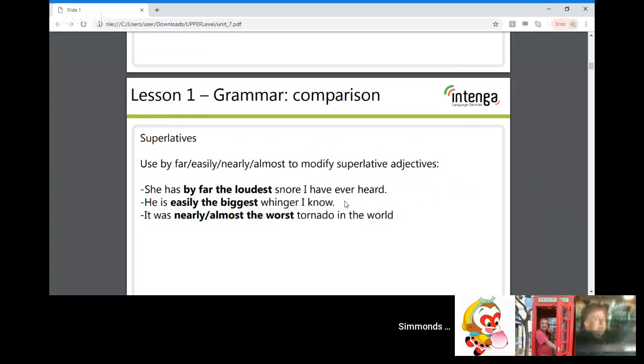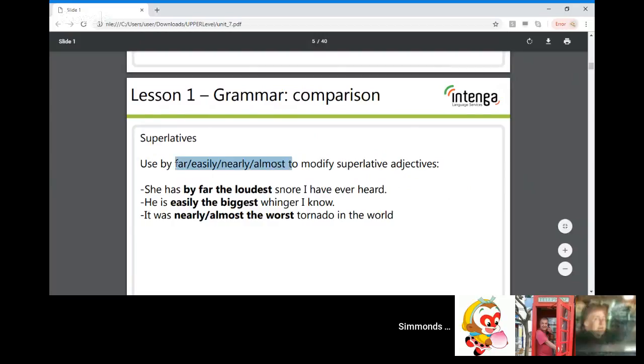And then, it was nearly or almost the worst tornado in the world. So out of all the tornadoes in the world, this one specifically was pretty much the worst. Okay. So again, we're using these quantifiers with the superlative adjectives here. The superlatives are different from the comparatives because we have these endings, the -est.